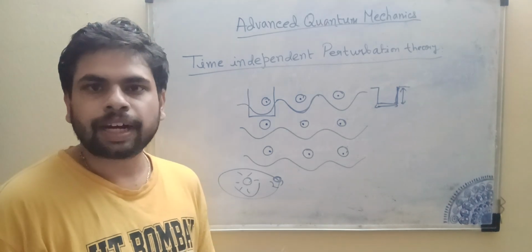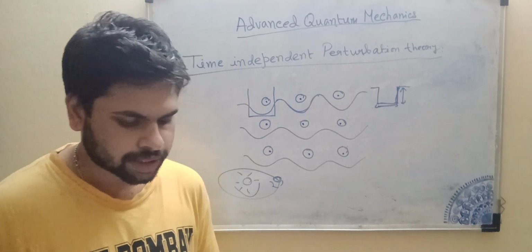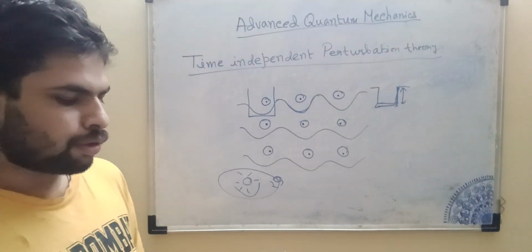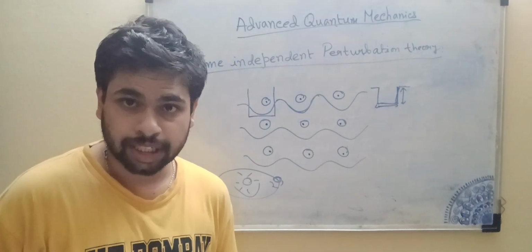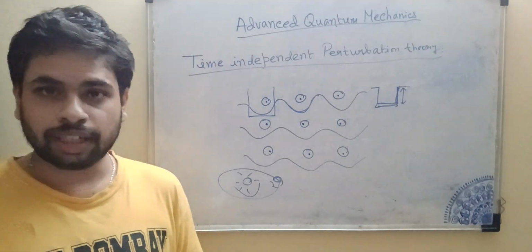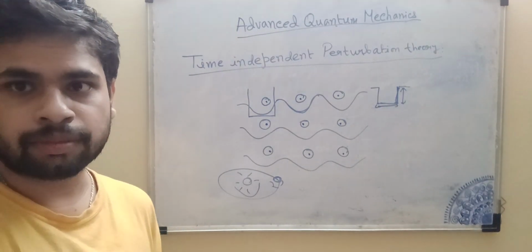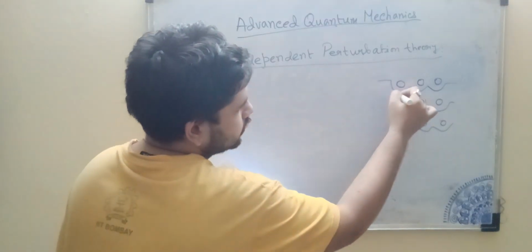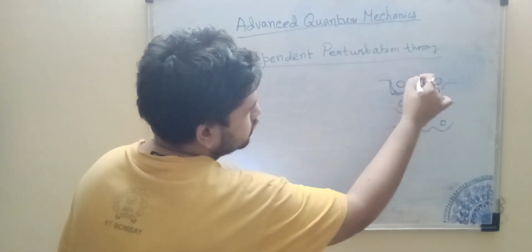Then perturbation occurs. There are four ways to apply perturbation on a system. Let's discuss them one by one. Let's consider this as the atomic structure and this as the corresponding potential.